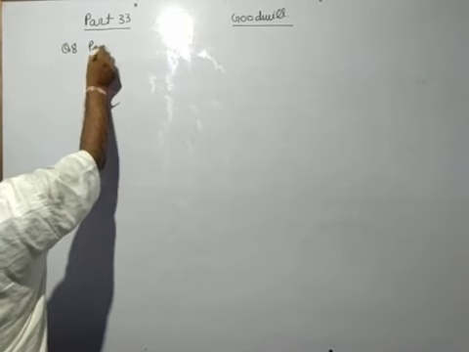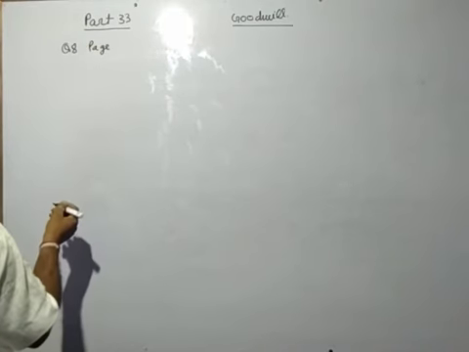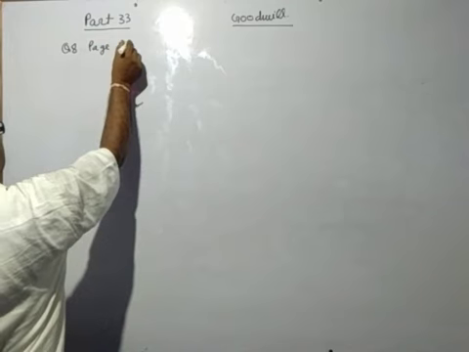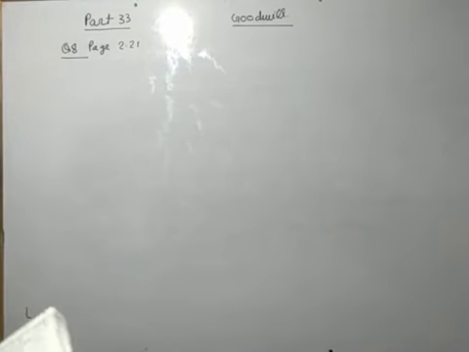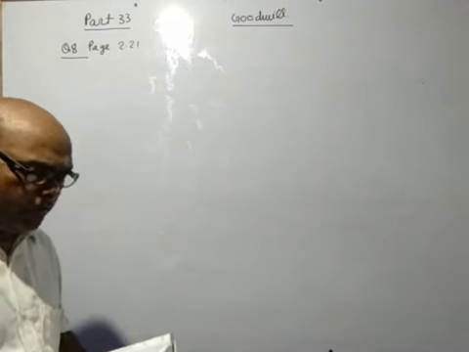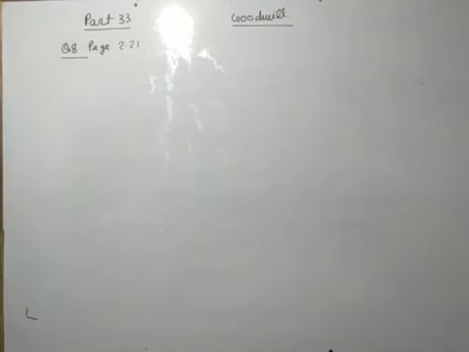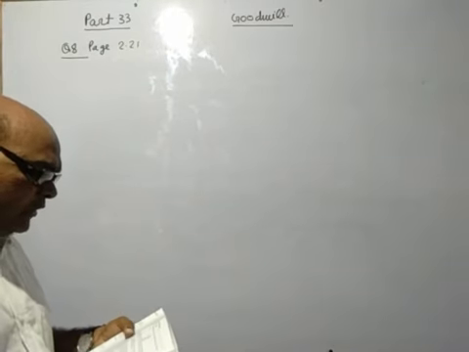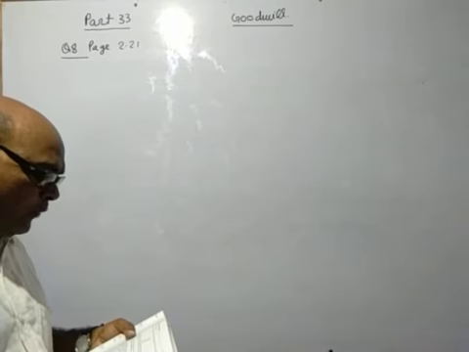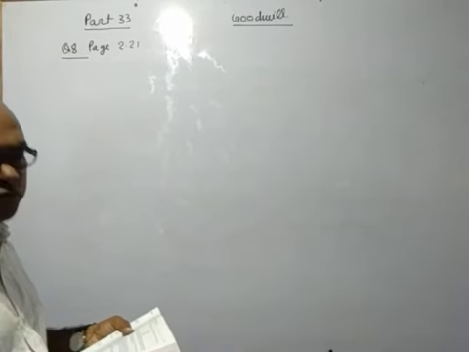Page number 2.21. A partnership firm earned net profit during the last 4 years: first year 56,000, second year 64,000, third year 60,000, and fourth year 62,000.